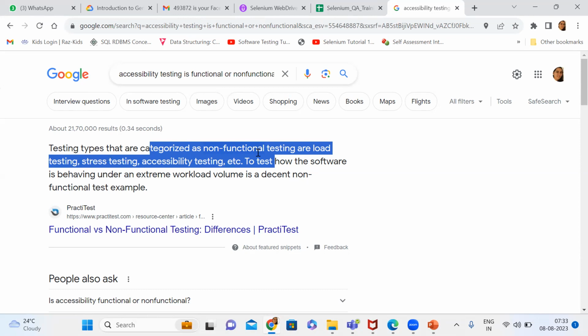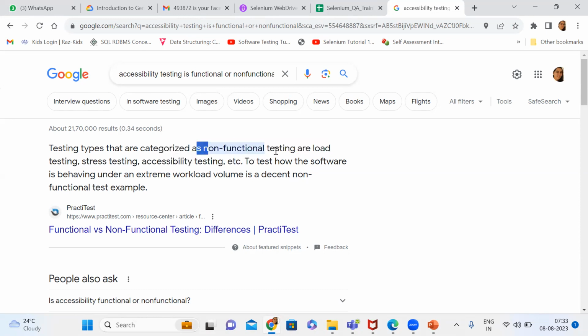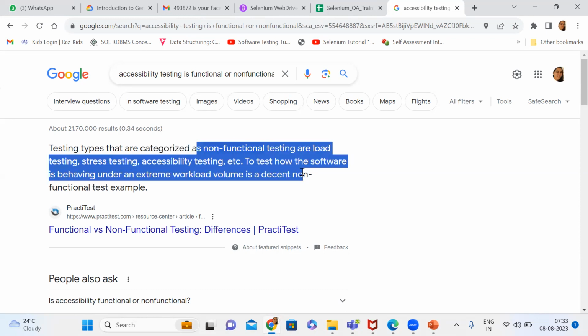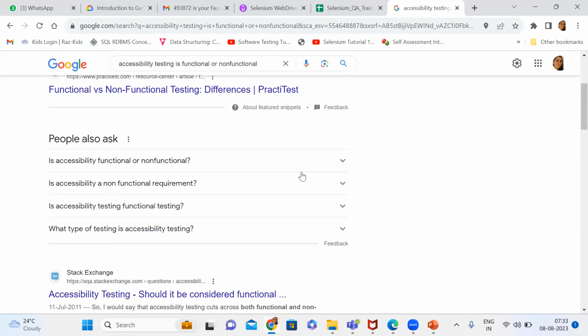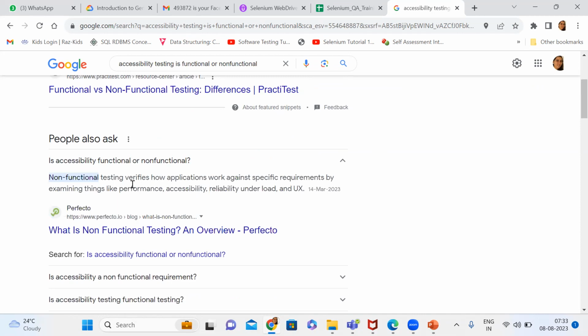Stress testing, load testing, these come under non-functional testing. So if you have any doubt about any testing, you can just Google it and check whether it is functional or non-functional.